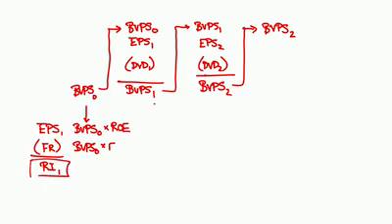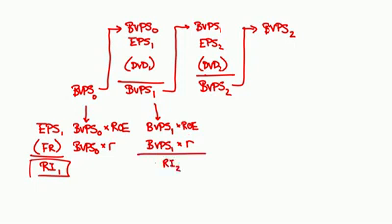Then I bring in book value per share again to calculate EPS minus the fair return. I do it again: book value per share at time 1 times the return on equity, and book value per share at time 1 times my fair return. This gets me to my residual income at time 2.